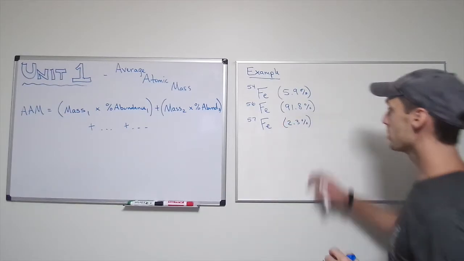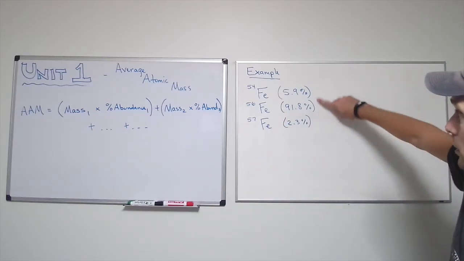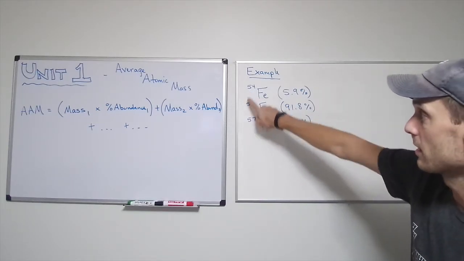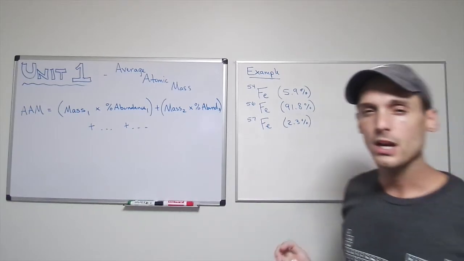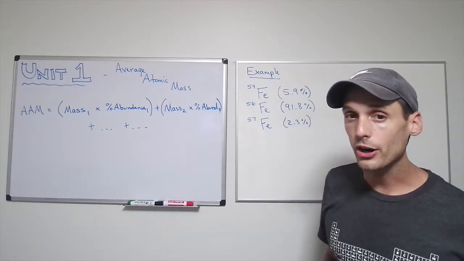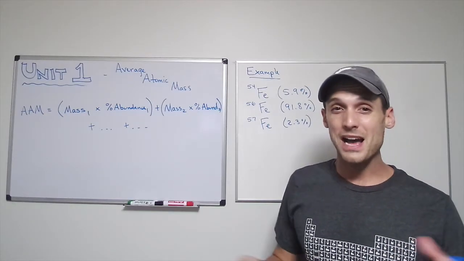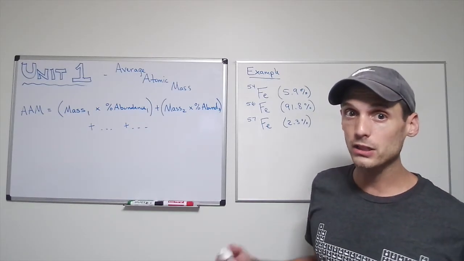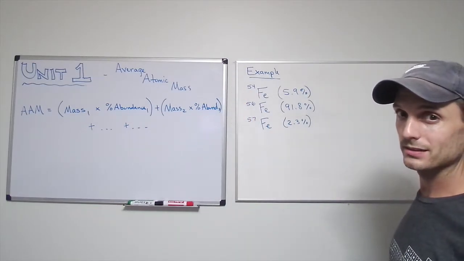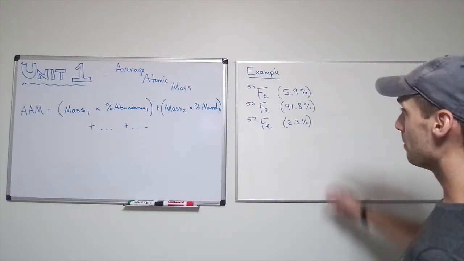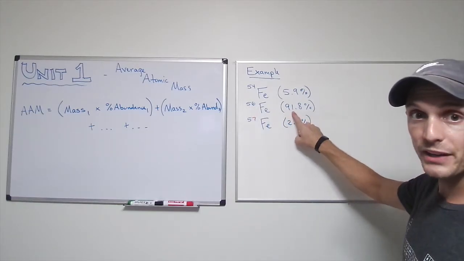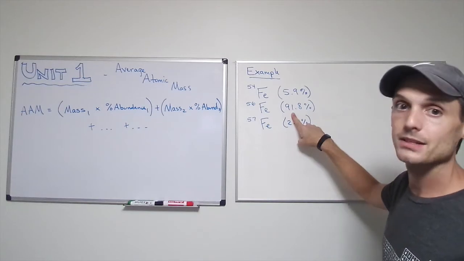Now, you should be able to look just at the percent abundances versus their mass number and tell me when we do this average atomic mass calculation, our answer should come out to be very, very close to which one of those masses. Hopefully you said 56 because it's got by far the highest percent abundance.